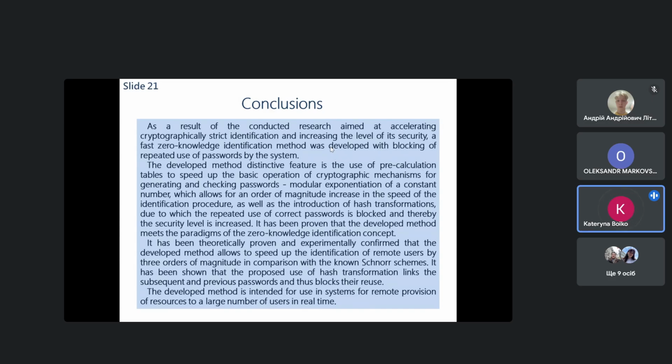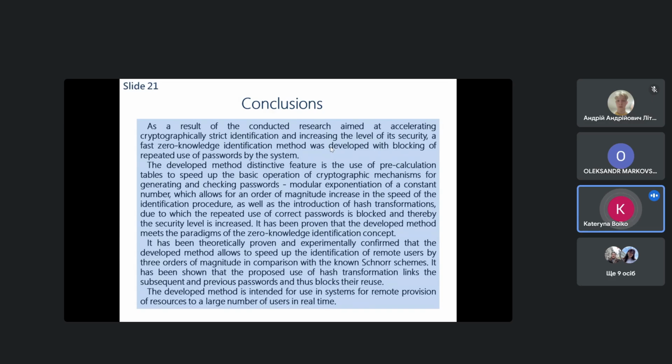Nowadays, with the expansion of remote information interaction systems, there is a need to increase the protection level of the identification procedure, because this expansion is primarily due to areas like healthcare, military, etc. At the same time, there are a lot of users interacting with the system at the same time.